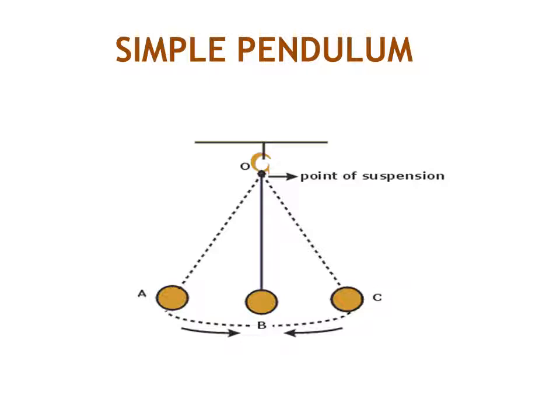This type of motion from A to C and C to A is called an oscillation of a pendulum. This motion is periodic. Periodic means it has a fixed time interval.